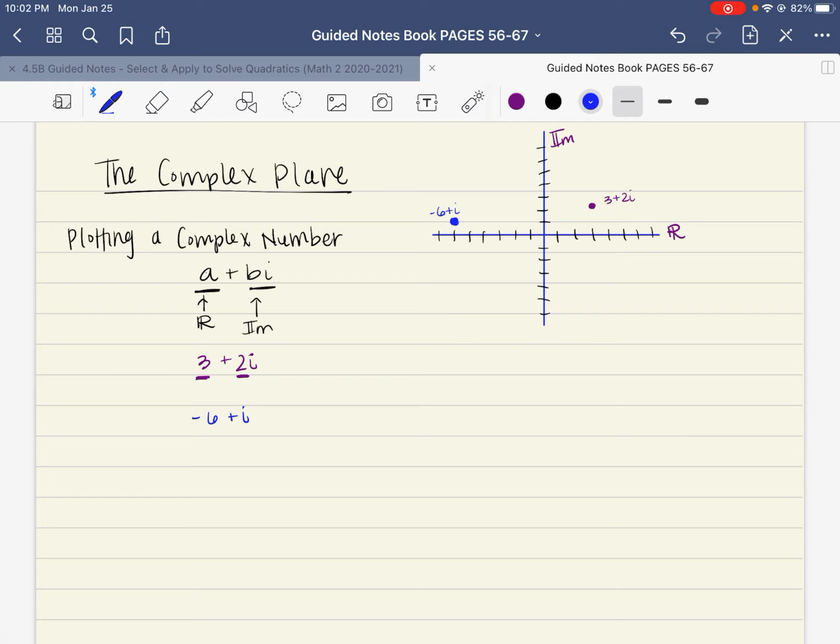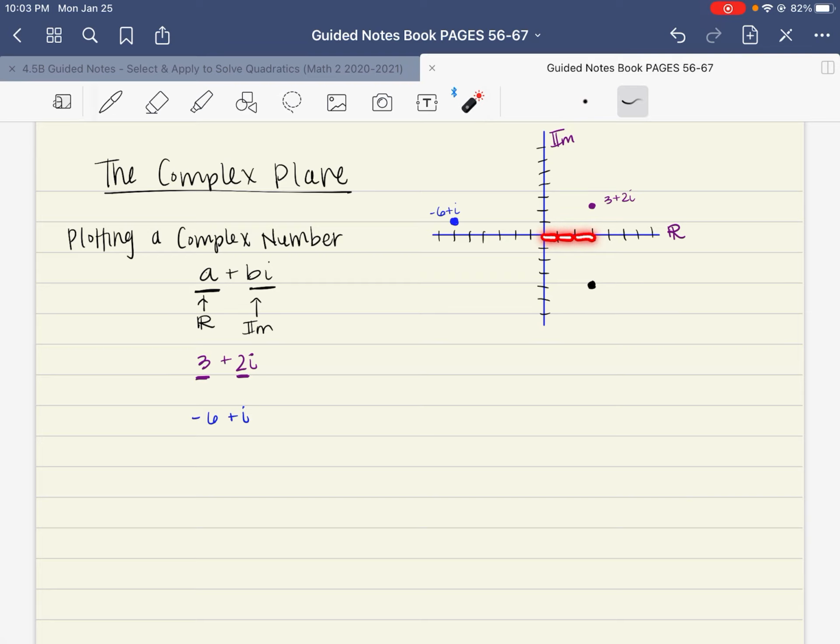If I wanted to go backwards, so let's say we were given a point on a graph, I'm going to draw this and hopefully you can tell where it is. Let's say it's about right here. If I wanted to write the complex number for this black dot right here, I would just count how many units it is over in the real direction.